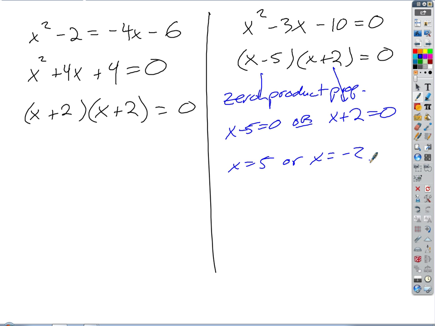Solving by factoring is certainly a valid and good strategy under certain cases, but when would it be not good? When the coefficients are really big. Yeah, if it was really a hard quadratic to factor, why would you go through the hassle if we have a reliable other method that wouldn't be as difficult, right? And so really it's only something that's going to make sense if it's easy to do.